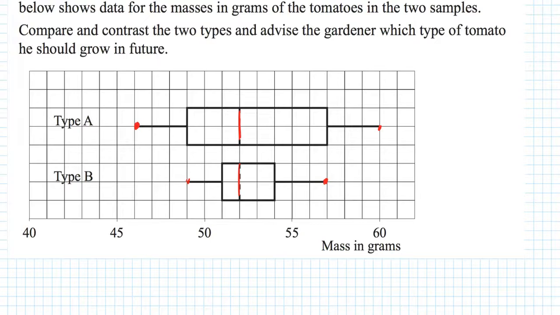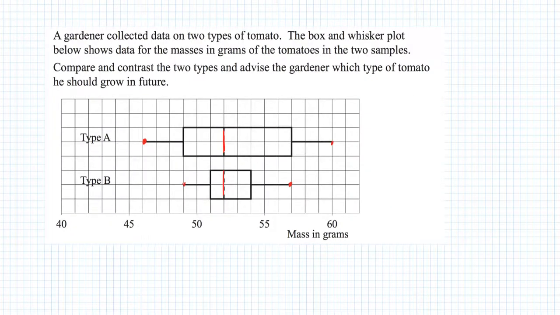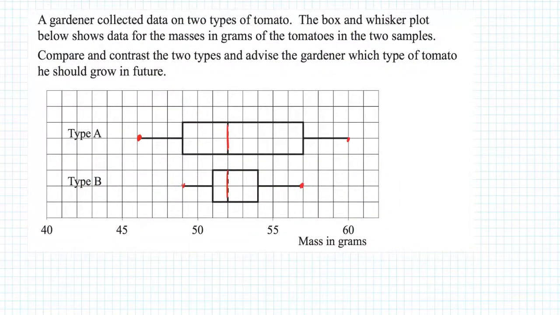They're squashed together. Everything's between 49 and 57 grams. So if you were cooking and wanted to have consistent tomatoes, or you were selling them, perhaps you would choose type B.